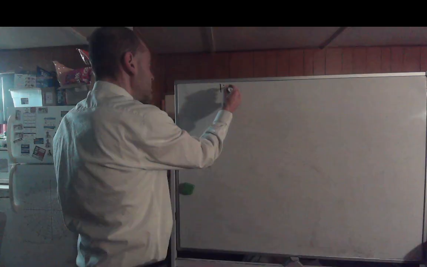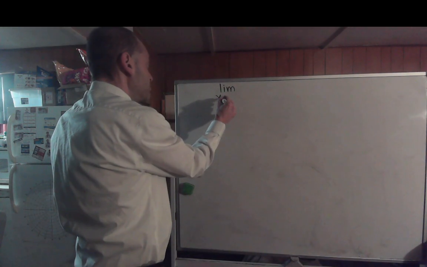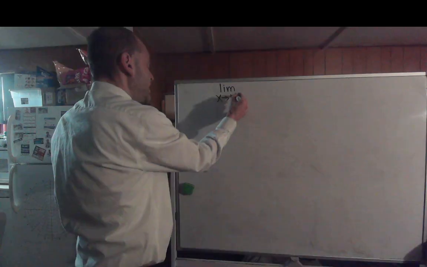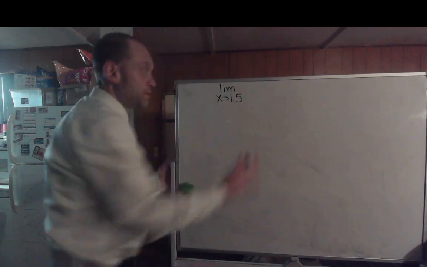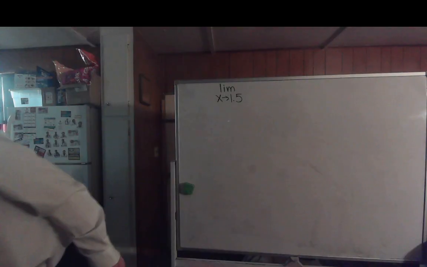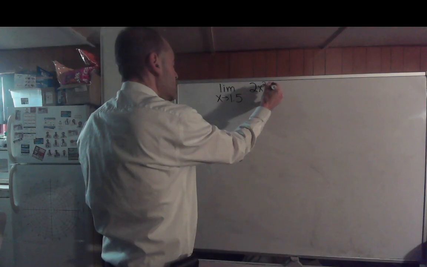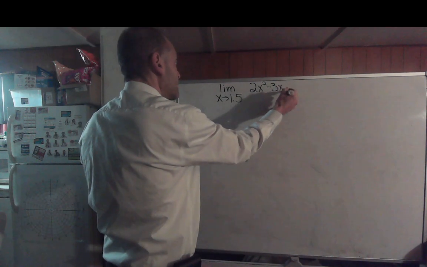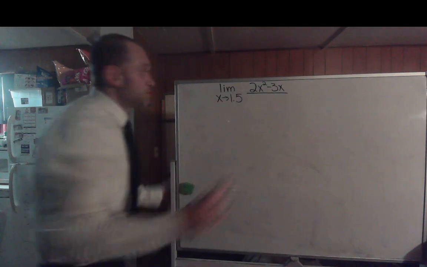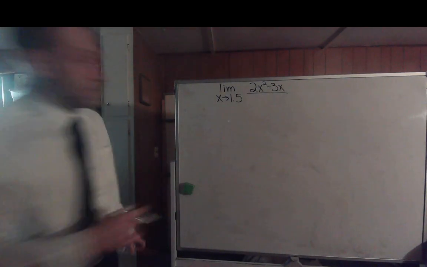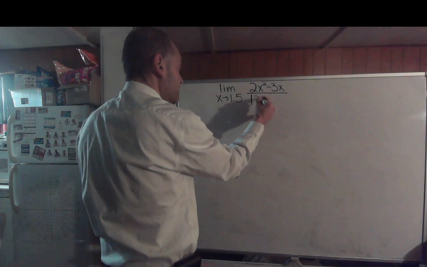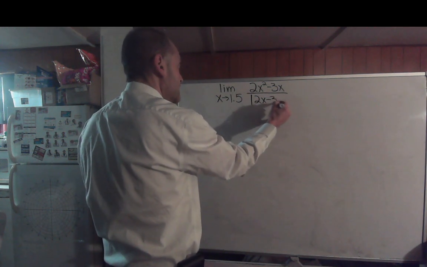We have the limit as x approaches 1.5 of 2x squared minus 3x divided by the absolute value of 2x minus 3.